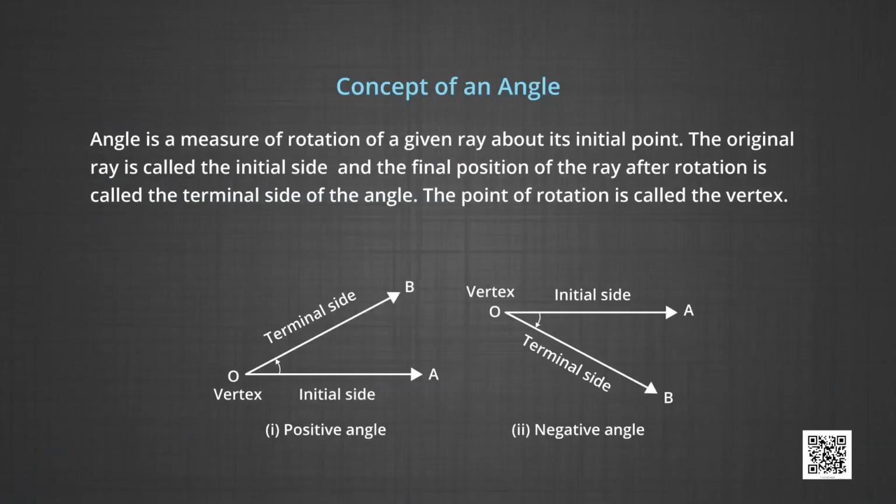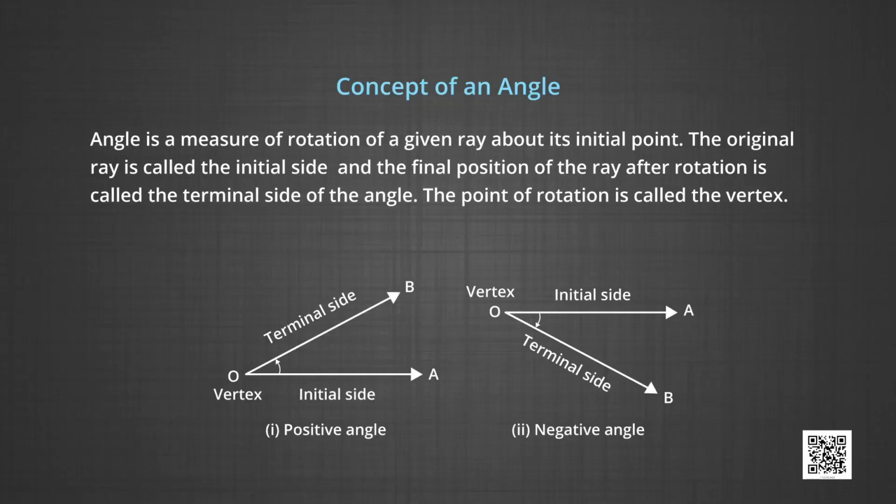Also, we will study the relationship between L, theta and R, where L is the length of an arc, R is the radius of the circle and theta is the angle subtended by the arc at the center of the circle.